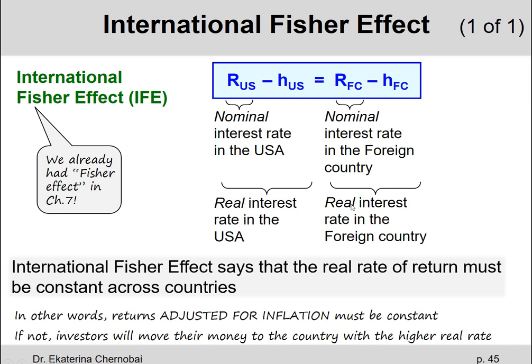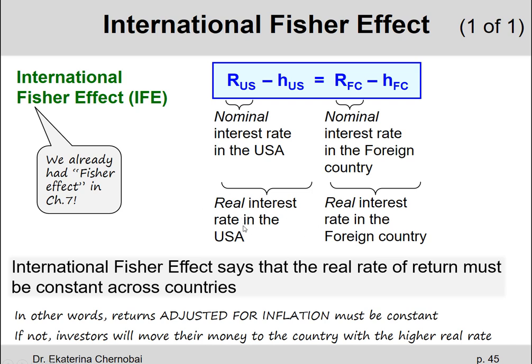What would happen if the real interest rates were not equal across different countries? It would mean that investors would always have a preference for one country over other countries. Whichever country has a higher real rate of return on their money would be the only country they would move all their money into.